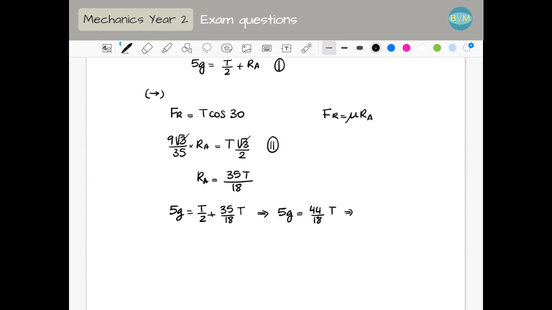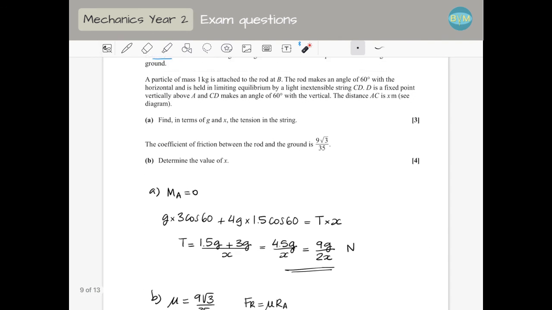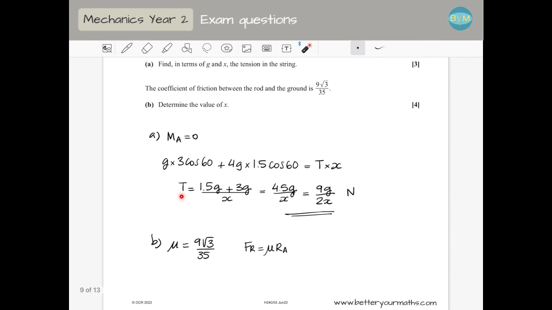So I can simplify a bit more, and if I divide by 2, I have 22 divided by 9 t, which means that t is 9 times 5g divided by 22. This tension is going to be equal to 9g divided by 2x, and from here I can find x.